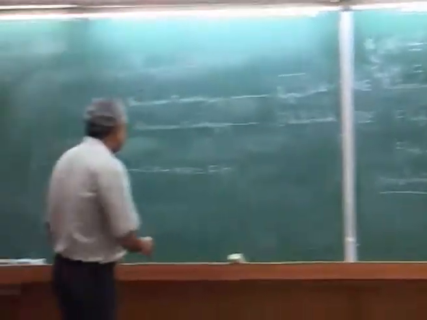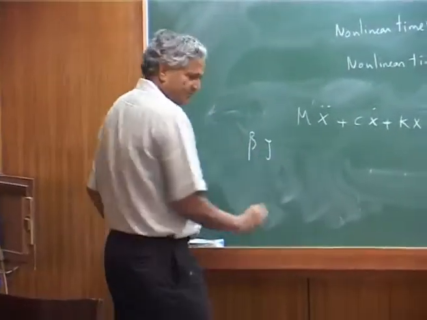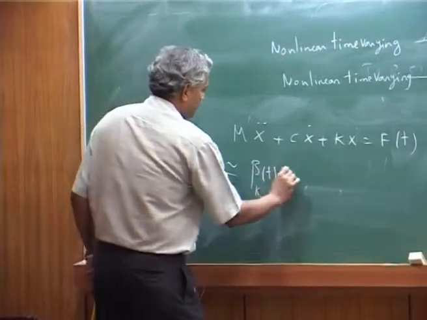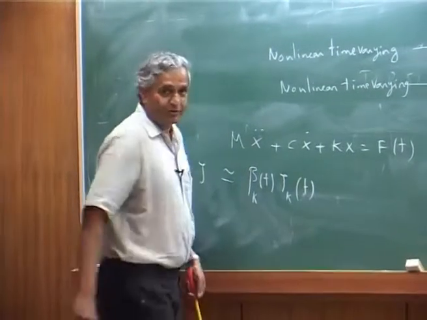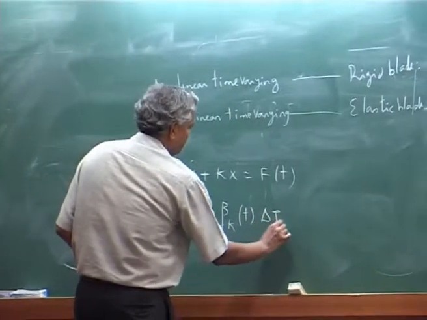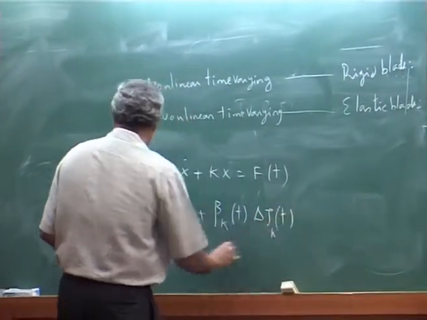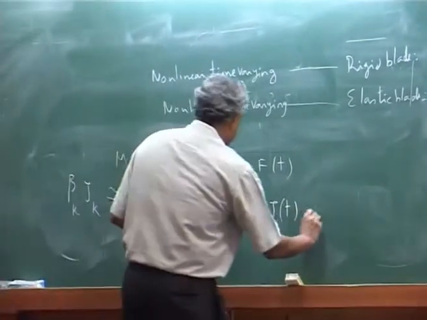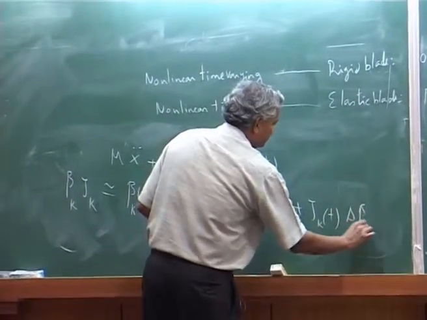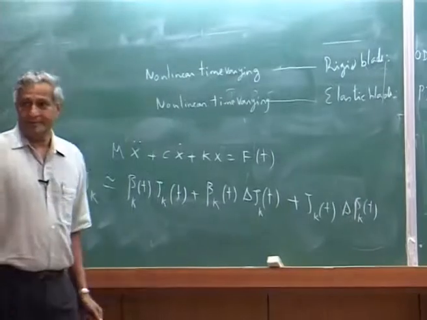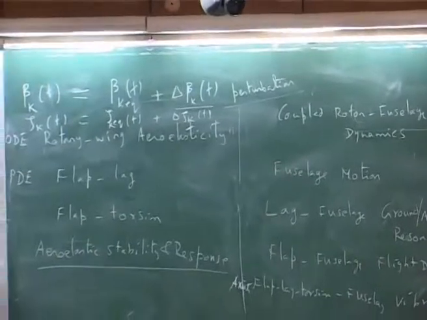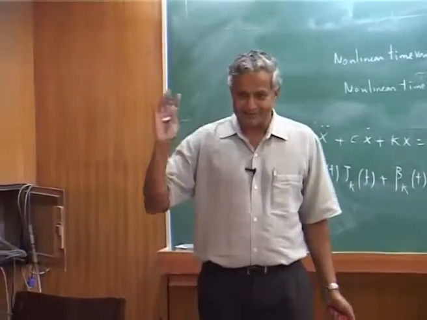That is, if you have a term like beta, zeta, which normally is there, you write it as beta k plus delta beta k, and then plus zeta k t delta beta k. The product of this perturbation, you throw it out. You say it's a higher order term, I don't consider it.